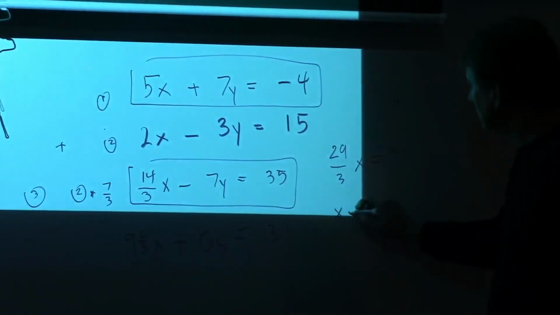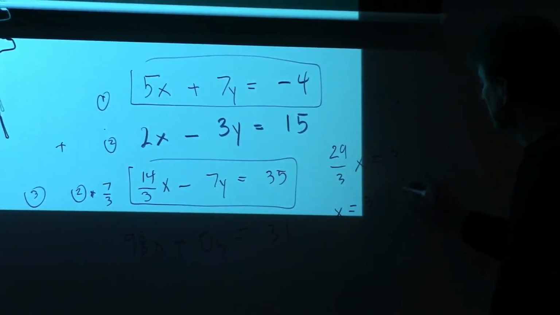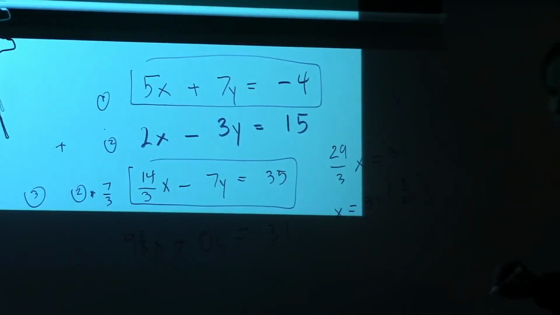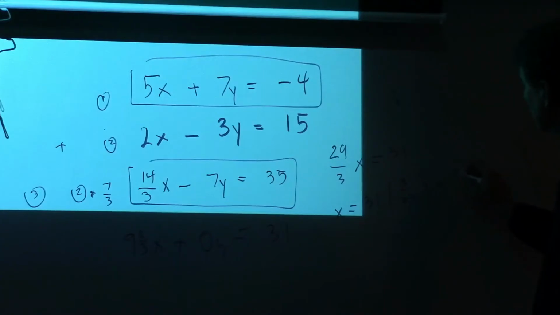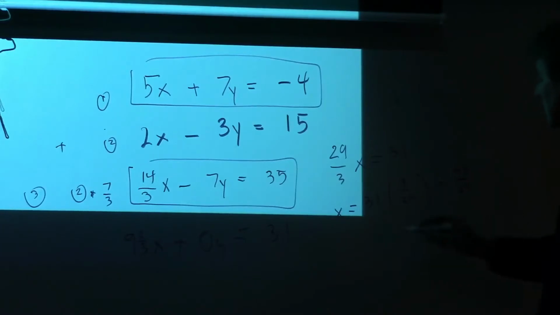So x is going to equal 31 times 3 over 29. Right? Let me know if I'm making a mistake. And that's going to be 93 over 29. So that's the value of x.